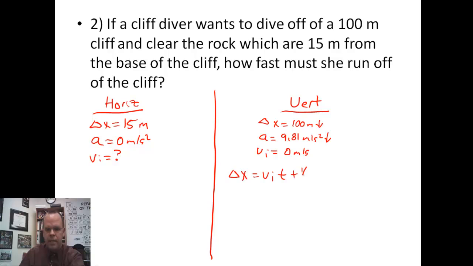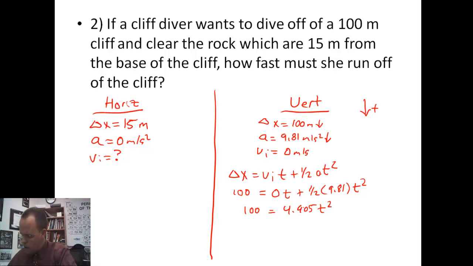Delta x equals vit plus 1/2 at squared. Everything is down, so we're going to make down positive. 0 times t plus 1/2 9.81 t squared. So 100 equals 4.905 t squared. 100 divided by 4.905 gives us 20.39.